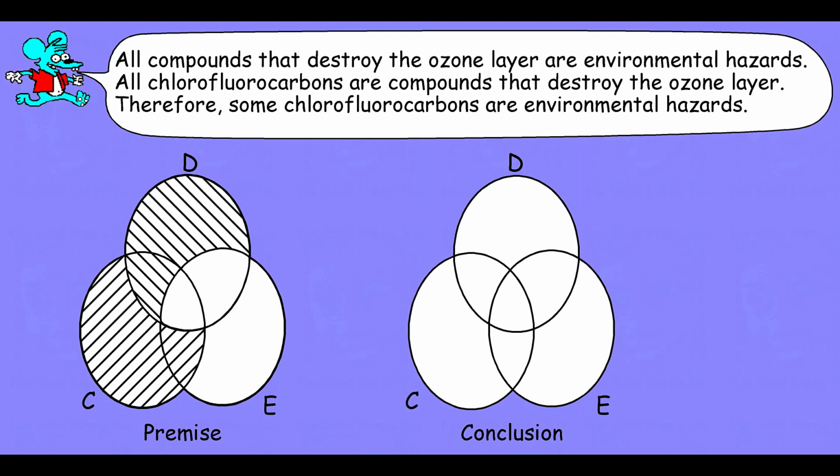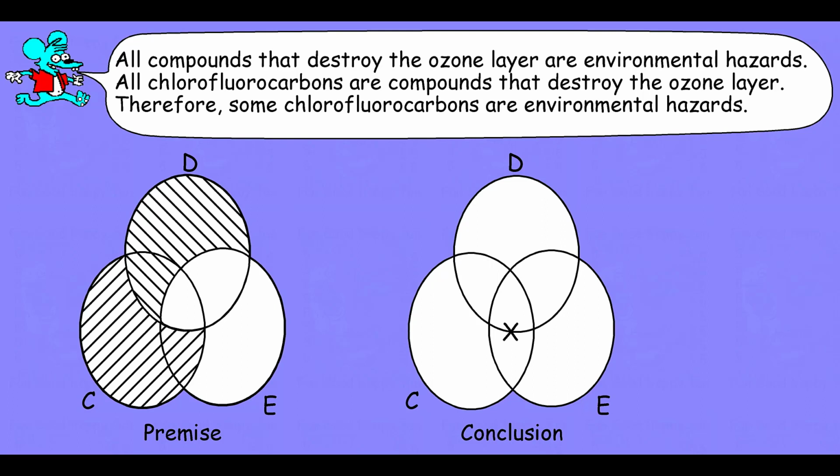Nothing about my conclusion says it's D, or it's definitely not D. So my conclusion doesn't care whether it's D or not D. So I put it on the line there to say my conclusion will be true if it's anywhere inside this area. So now I want to evaluate my argument for Boolean validity.